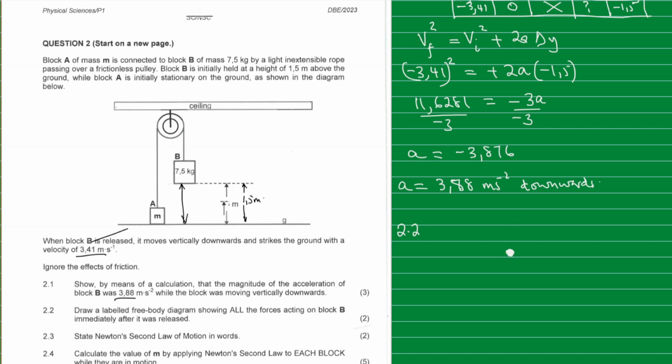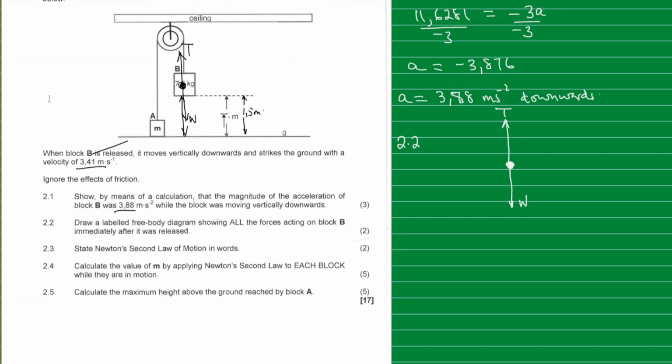There are 2 forces acting here as it is moving: one is the tension and the other is the gravitational force, which is the weight. So those are the 2 forces acting on the object as it is moving downward.